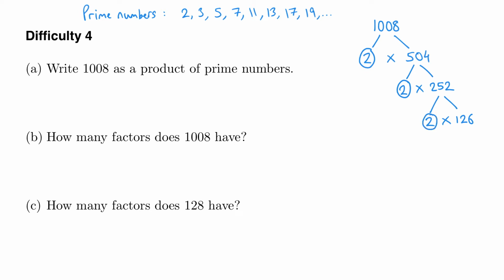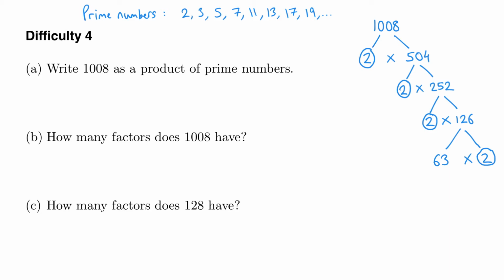I'm circling the 2 because that's a prime number. Now 126 I can split up. That is 2 times 63. I'm going to write that as 63 times 2 just because I'm running out of space on the right hand side. So I will circle the 2 there.